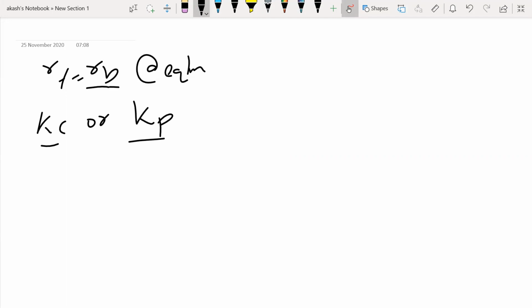The law of mass action says that the rate of a reaction is directly proportional to the active masses of reactants. If you have more than one reactant, R1, R2, R3, and so on, the stoichiometric coefficient has to come as the power. All these we saw for the forward reaction and for the backward reaction, and we said that at equilibrium they're going to become equal.